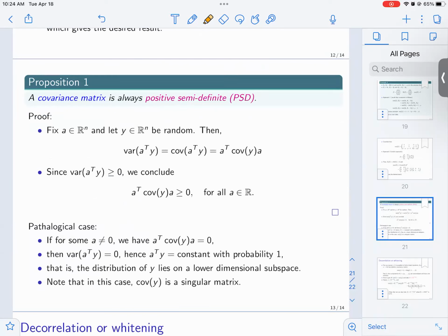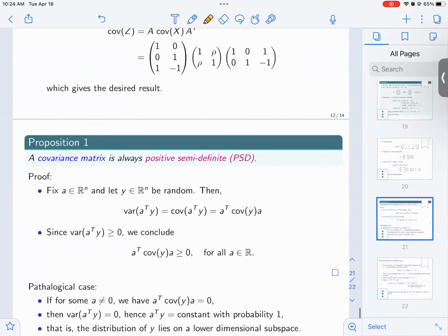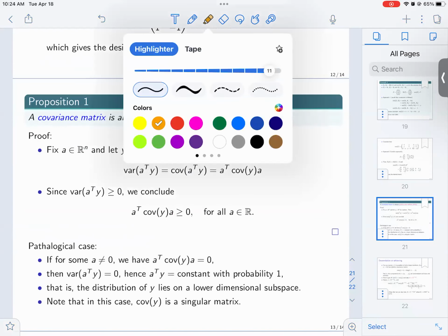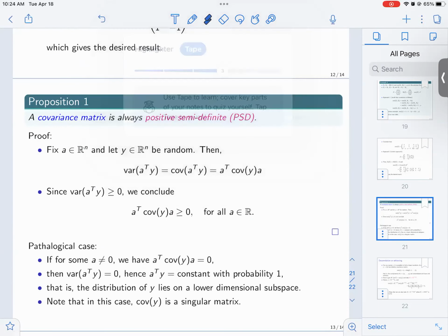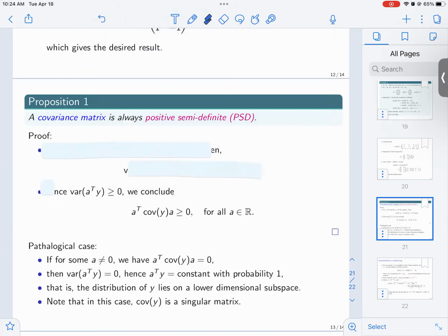The next one that I want to talk about is this proposition: any covariance matrix is positive semi-definite. This is an interesting result. If you calculate a covariance matrix and it's not positive semi-definite, you did something wrong, because it's always positive semi-definite.